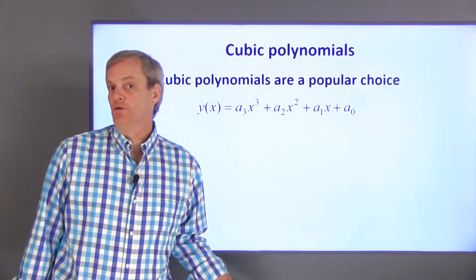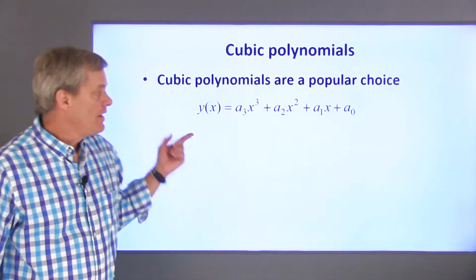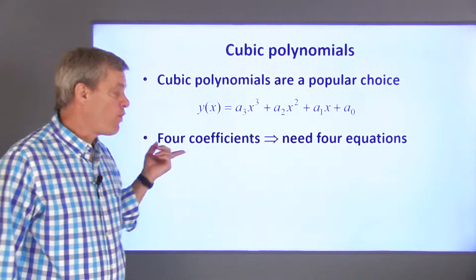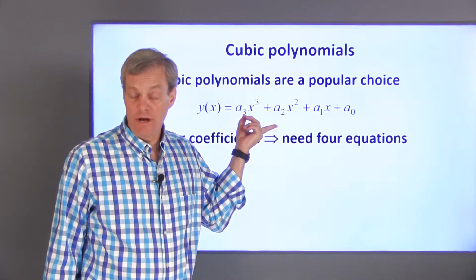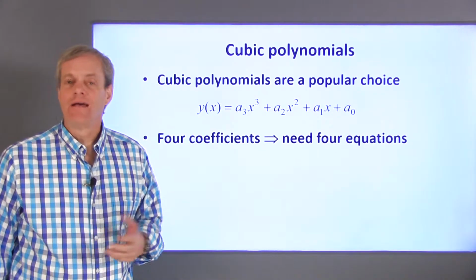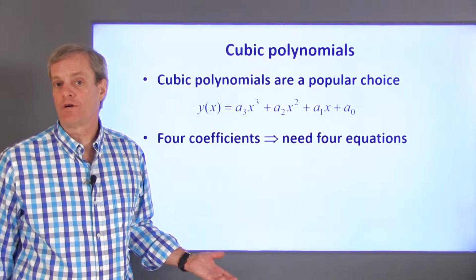Using cubic polynomials to interpolate is probably the second most popular approach. This is the general equation for a cubic polynomial. There are 4 unknown coefficients in this equation. We could fit the equation using 4 data points. However, it's more common to use other conditions to create a smoother curve.